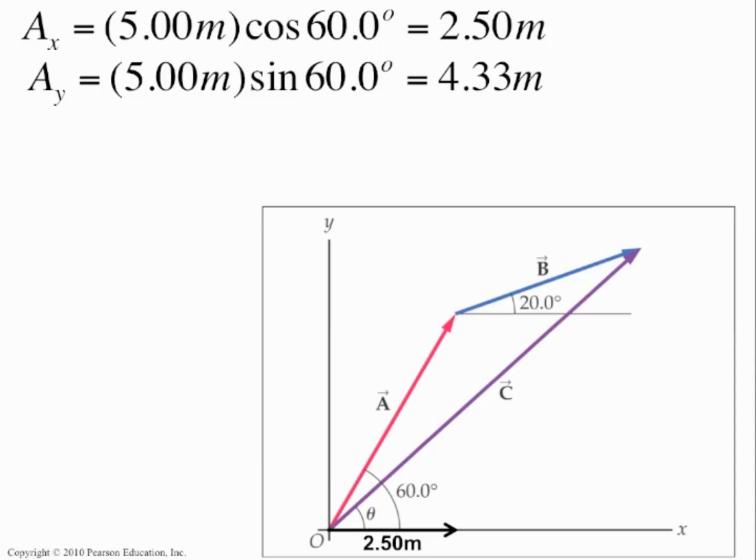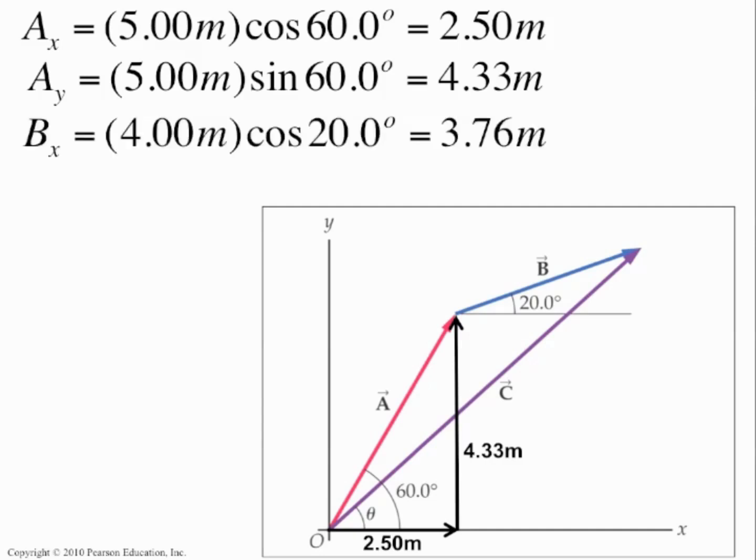Now a sub y is 5 meters times the sine of 60 degrees, because it's r sine theta. And that's 4.33 meters, which I've drawn here, and you can see how that is the vertical component of the vector a. Now b sub x, the horizontal component of the vector b, is r cosine theta.